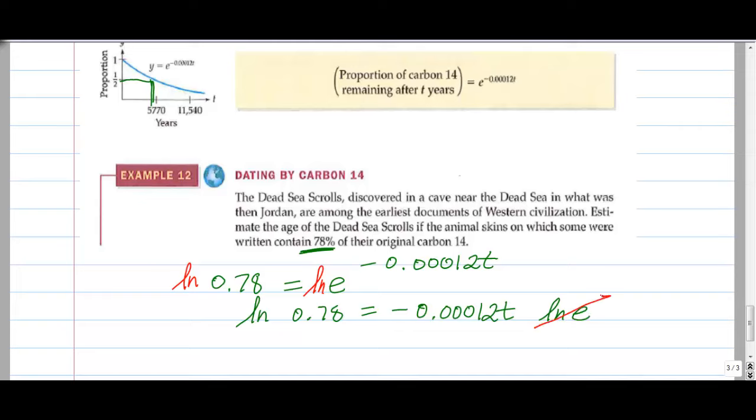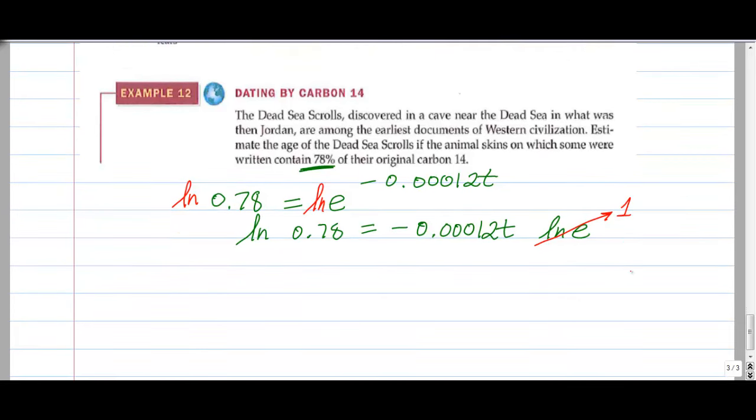I know ln e is 1, so really I'm left with negative 0.00012t, and then I can divide both sides by negative 0.00012, and I'm left with t equals this thing right here on the left.